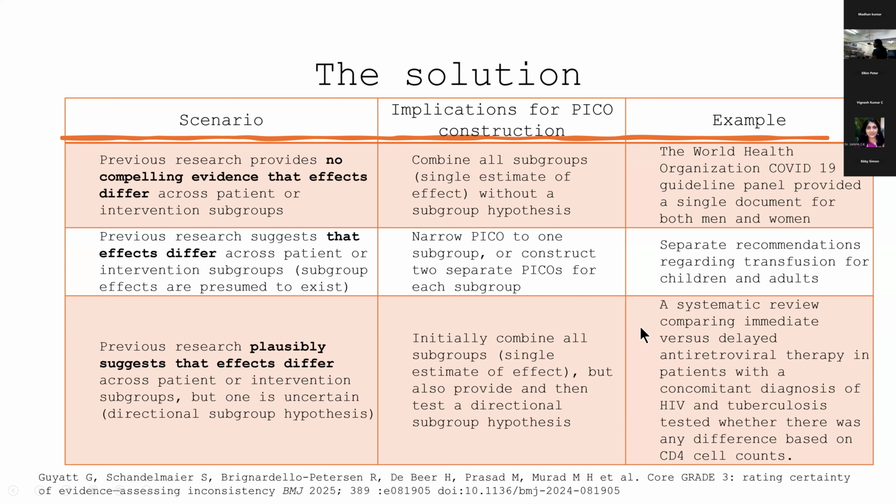So for example, when you're looking at whether giving early ART or delayed ART for patients with HIV as well as TB, what subgroup do you think will actually make a difference? A factor which could make a difference whether you give early ART or late ART is your CD4 count. So what they hypothesized was that patients with a very low CD4 count, if they are given early ART, those patients will respond adversely.